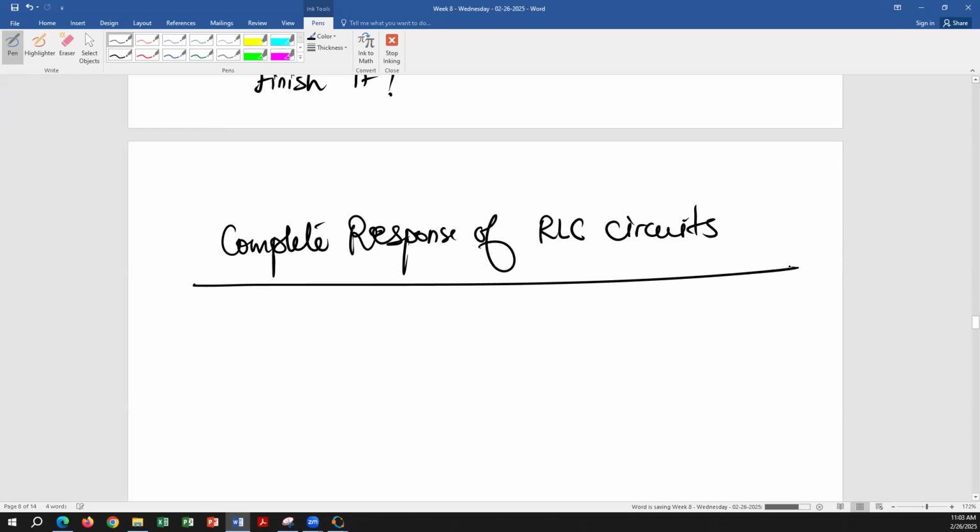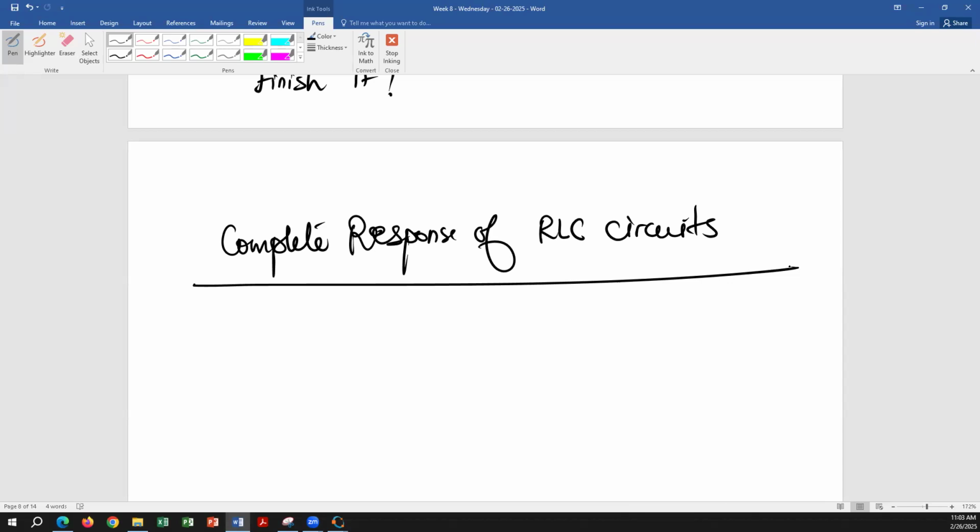When we were discussing the complete response of RL and RC circuits, which are called first order circuits, because the equation has a single order derivative. As you saw in RLC circuits, the equation that we write has a second order derivative. That's why they call them second order circuits. For the first order circuits, RL and RC, when we found the complete response, which is also the forced response, your source is also present after the change happens.